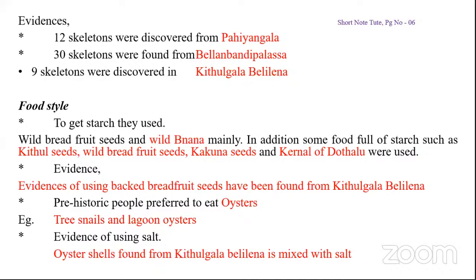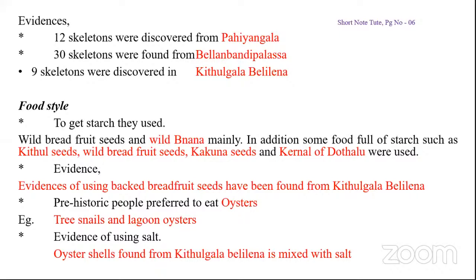All the evidences regarding food habits had been discovered from Kitulgala Belilena. Breadfruit seeds, they baked and ate. Those evidences had been found. But don't think that we have found baked breadfruit seeds from Kitulgala Belilena. Only evidences of using them had been found.